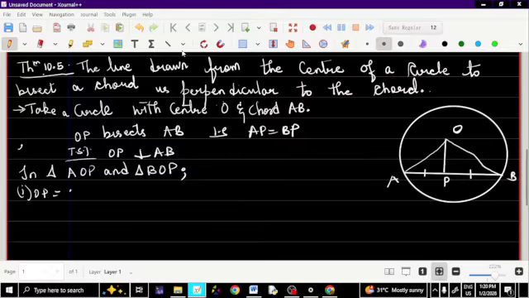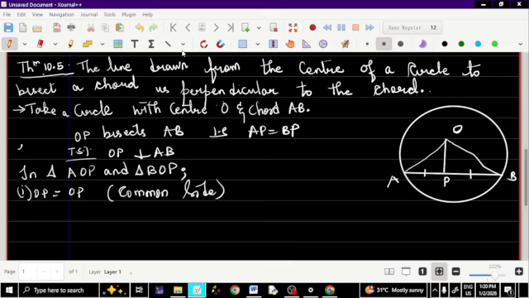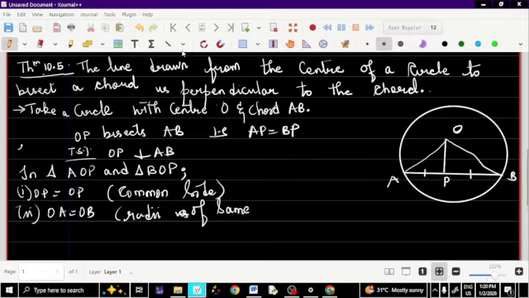So OP is equal to OP, common side. Then we have OA is equal to OB, radii of same circle. Reasoning is very important. And AP is equal to BP, that is given to you.